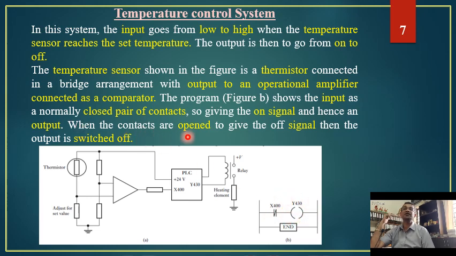When the contacts are opened, that is when the thermistor balances the bridge and sends a signal to X400, when the contacts are open, they give the off signal, then this output is switched off. So this is how a temperature control system works.